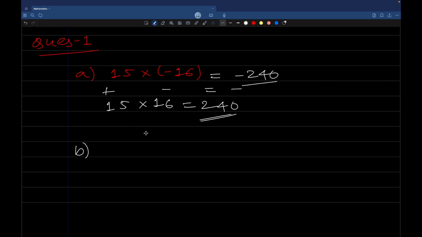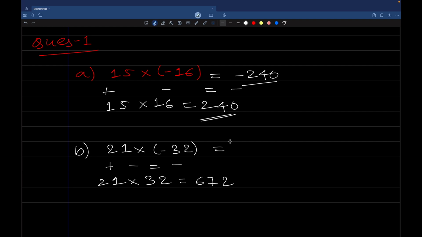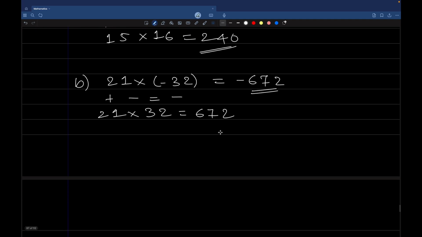B, 21 into minus 32, we have one positive, one negative, plus into minus is minus. 21 into 32 is 672, so we have minus 672 as answer.